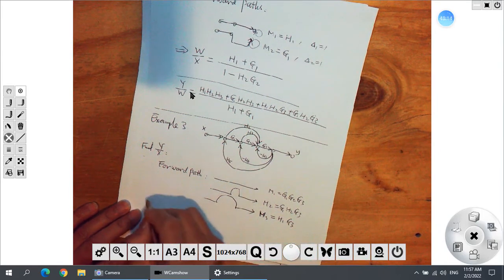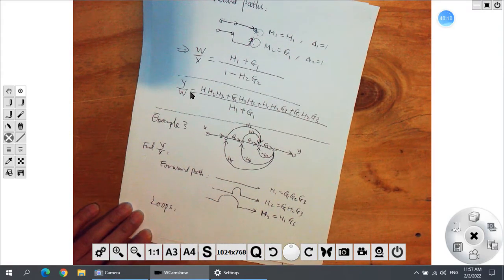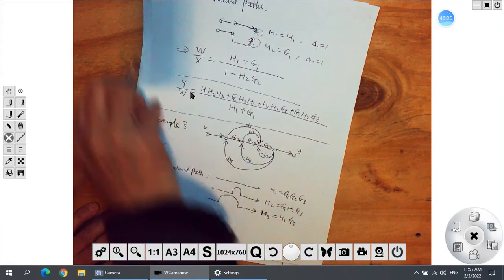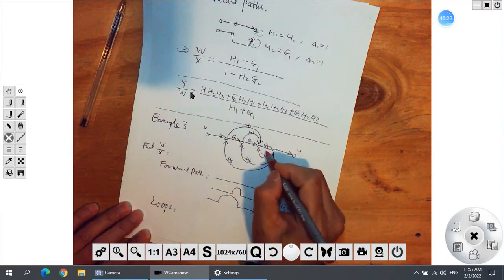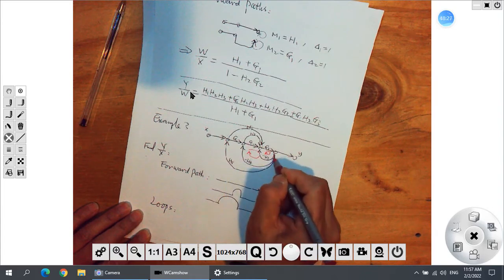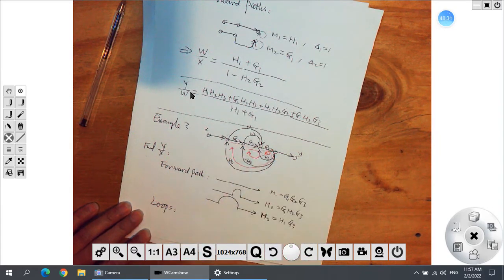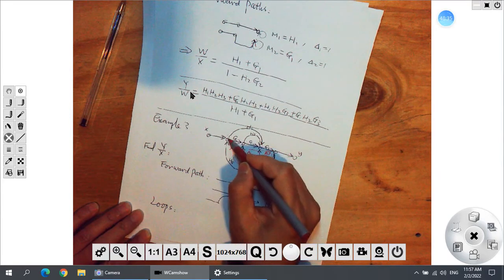And then loops. Okay, where are the loops? Here's a loop, here's a loop, right? And here's another loop. Any more? Okay, because this path, actually we have like this path, right?